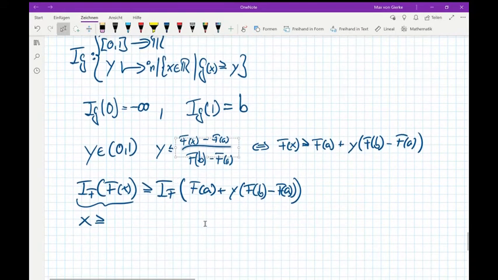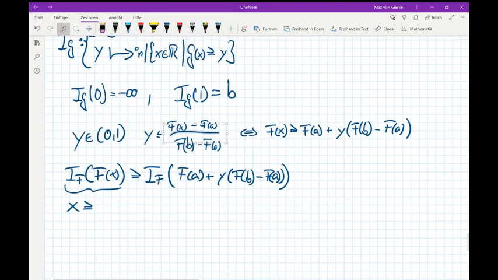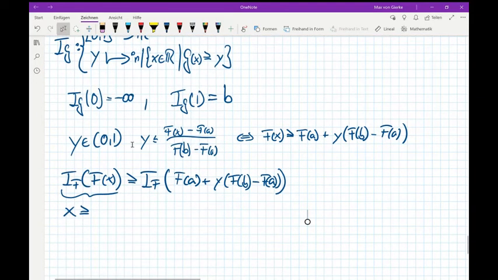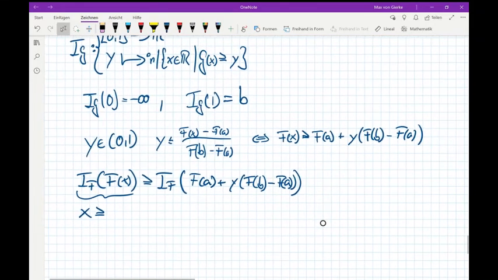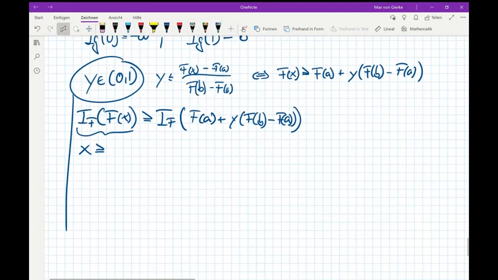What's the infimum here when it's equal? So what we know now is that in this case, the pseudo inverse of G is just equal to this.